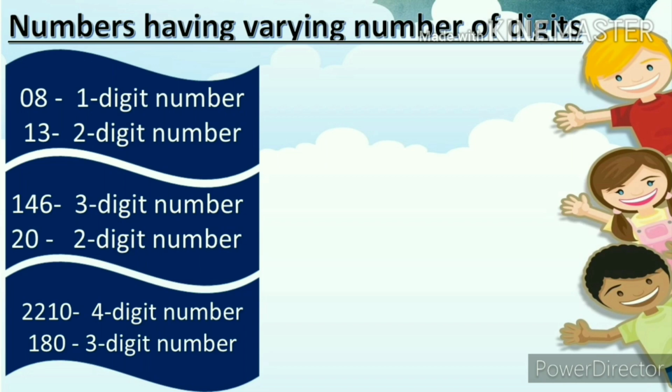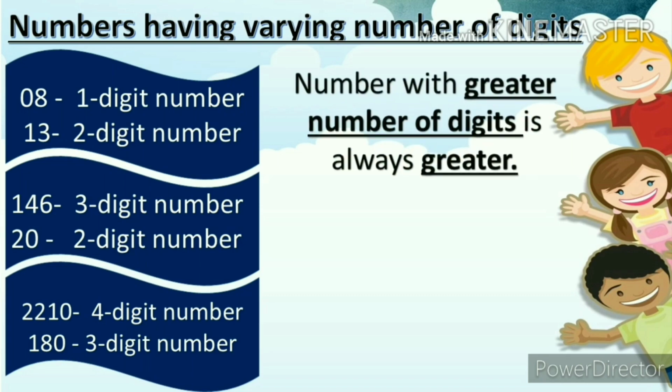In all these cases, when we have different set of digits in the number, the trick is very simple. The number with the greatest number of digits is always the greater. So, can you tell me which is the greatest number in the first example? Yes, 13 is greater than 8 because it is a 2-digit number and 8 is a 1-digit number.